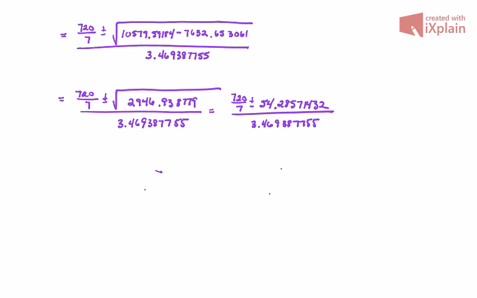Okay, so now I'm going to default to my calculator. Again, since this is using the quadratic formula, I'm going to get two solutions. My two solutions will end up coming out to be 45.2941766, and then I will also get 13.9 repeating.